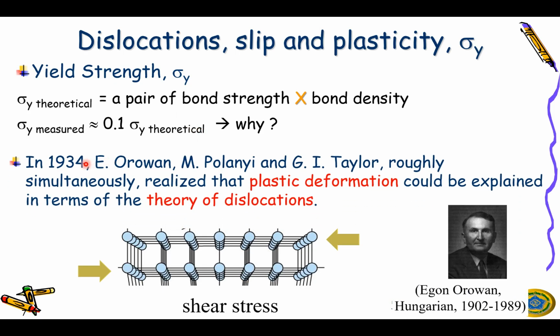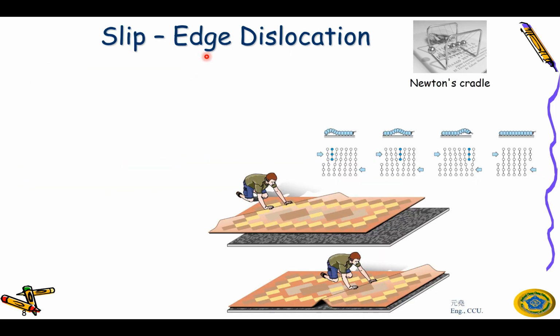In 1934, Orowan, who later became a professor at MIT, realized that plastic deformation could be explained in terms of the theory of dislocation. So he used the theory of dislocation to explain this. Let's think of this slip as what we call edge dislocation.